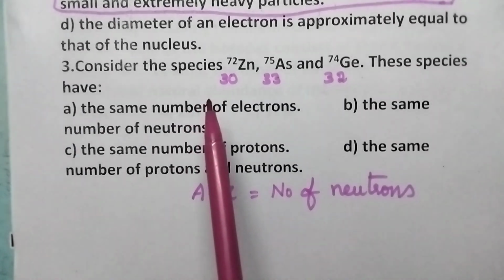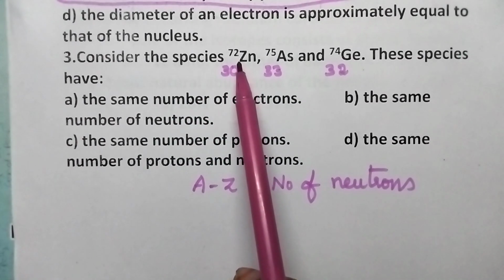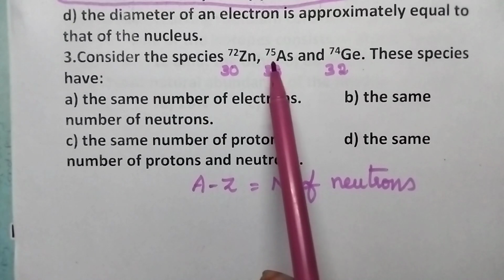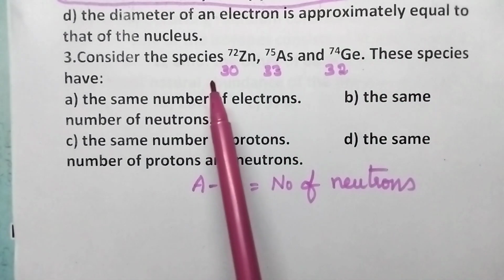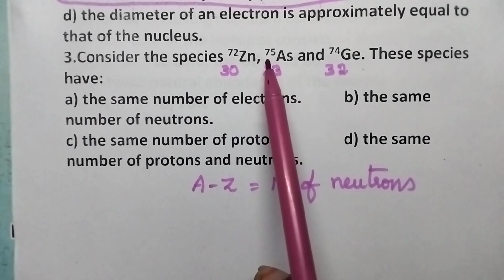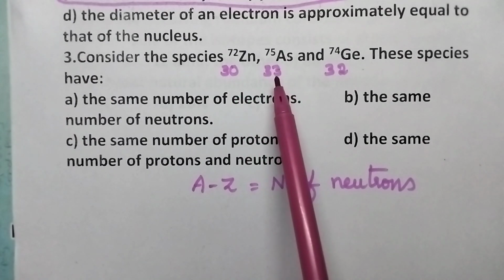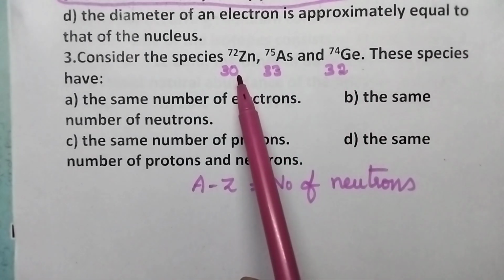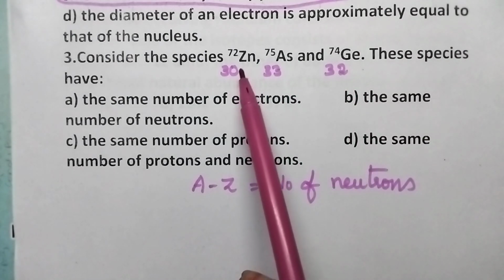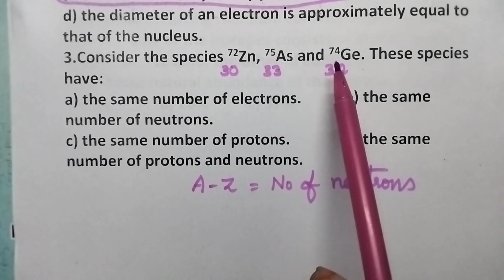Consider the species zinc 72, arsenic 75 and germanium 74. These species have... So coming to the atomic number of zinc, that is 30, arsenic is 33, germanium is 32. Here we know the atomic number and mass number of three species.